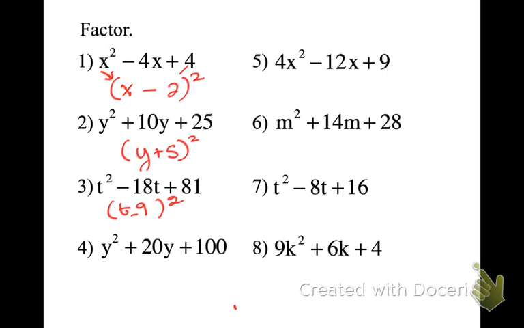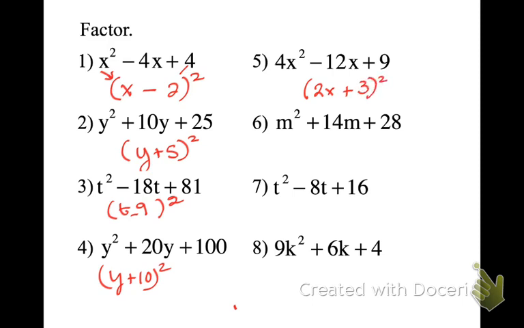So, number 4, please. Vic? I got y plus 10 squared. The quantity of y plus 10 squared. Good. The next one, Jean. 2x plus 9 squared. I mean, yeah, the quantity of 2x plus 9. Not 9 plus 3, 3 squared.